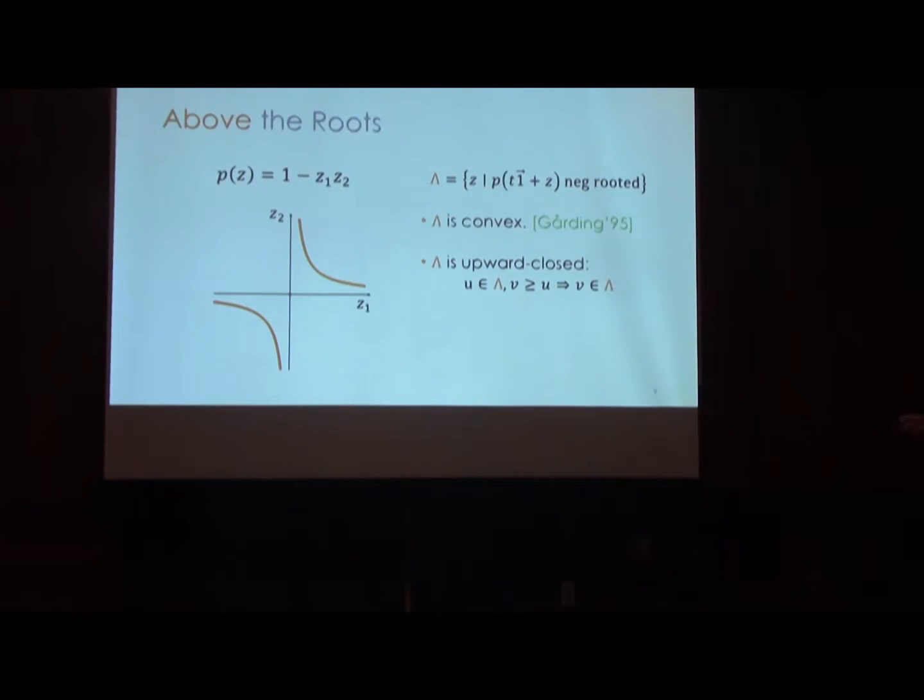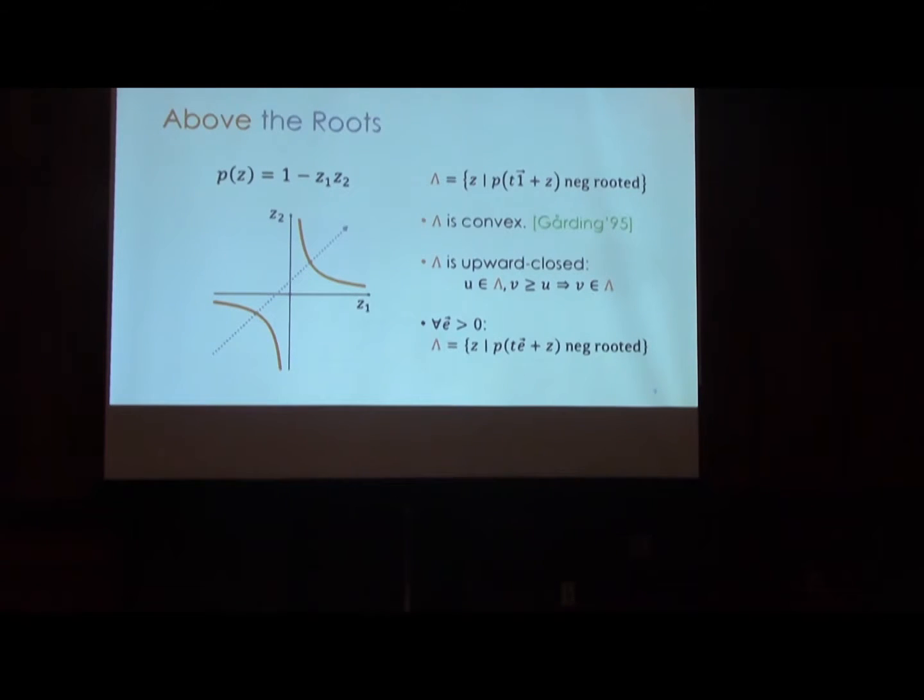So if a point is inside and I increase all the components of that point, I'm going to still be inside this region. And this is just saying that the direction that I take doesn't matter. So for any other vector e, you could have looked at the linear restrictions in the direction of e, and you would have still gotten the same region.